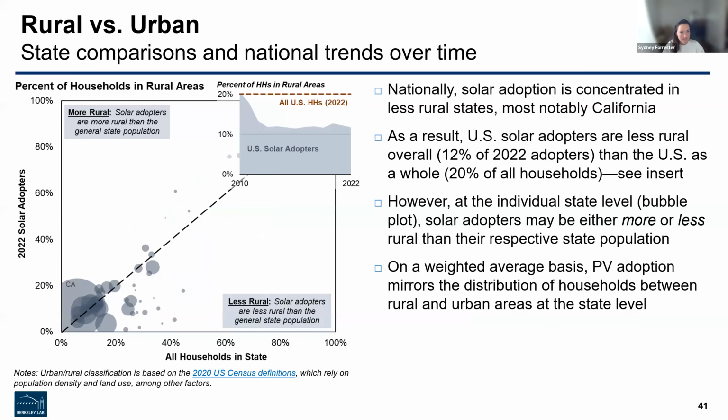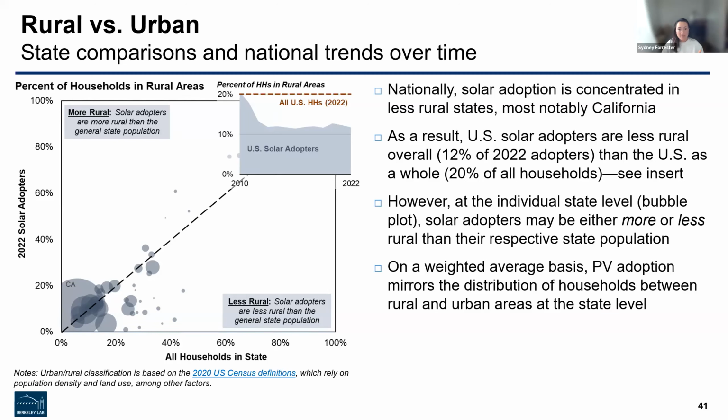So next slide shows, we move into rurality. So this is just showing that a lot of solar adopters are scattered across this diagonal line. Those on the far right are less rural, where adopters are less rural than their state average, and those in the upper left are more rural than their state average.